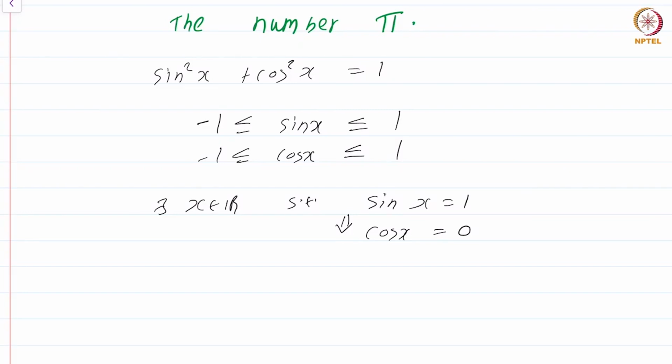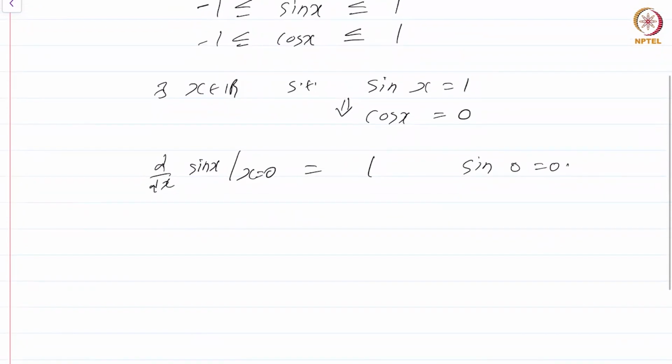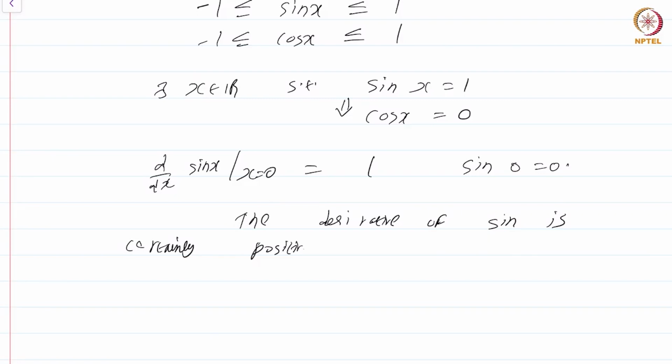Now, first of all, observe that the derivative of sine x at x equal to 0 is equal to 1. Okay, and we also know that sine 0 is 0. Because the derivative of sine is cos and cos is a continuous function, the derivative of sine is certainly positive when x is near 0.